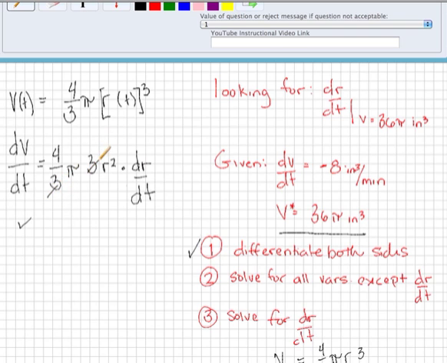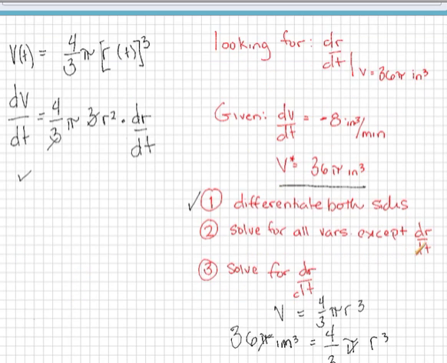So let's go ahead and simplify and plug everything in. We can cancel these out here. And dV/dt is equal to negative 8 inches cubed per minute. So let's go ahead and plug that in. And we're going to get 4 pi. r was 3 inches, so we're going to have 9 inches squared inside of r squared here.